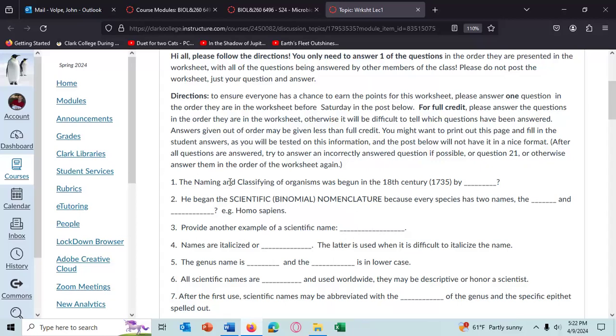And the reason is it's just way too difficult trying to determine what questions have been answered and what questions have not been answered unless you follow the order of the questions in the worksheet. Any question about any of that? All right, so you're warned. The first time you don't follow the order of the worksheet, I'll probably give you a warning. All other times you will not get full credit. You'll probably only get about 50% credit.